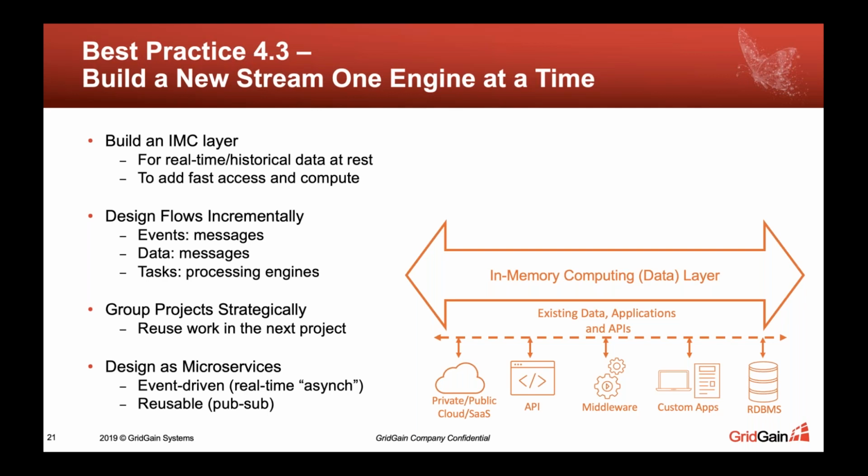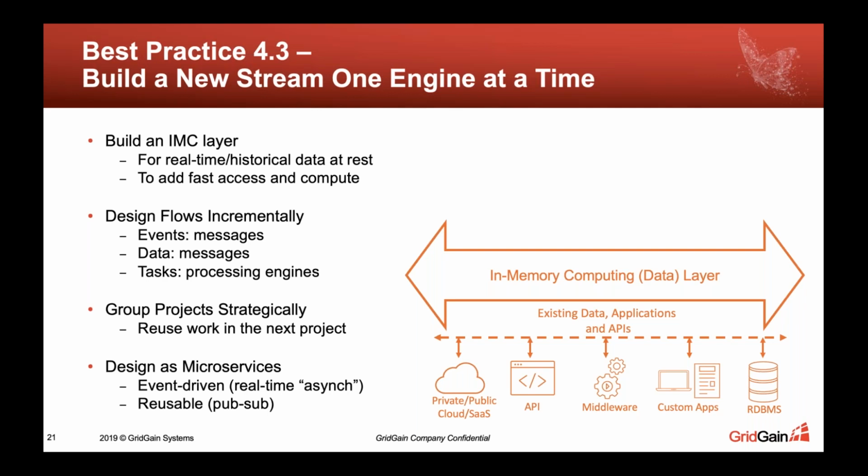Just like APIs, you're going to have to group projects together on a roadmap and plan ahead and know what you're going to reuse from previous projects, the data, the APIs, or the engines, because unless you have a CEO writing a check for an unlimited amount of money and gives you an unlimited amount of support, you have to prove you're making progress. So you have to look ahead.